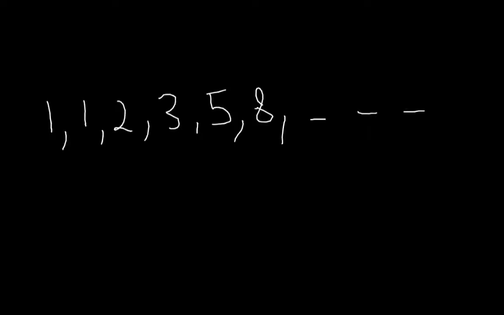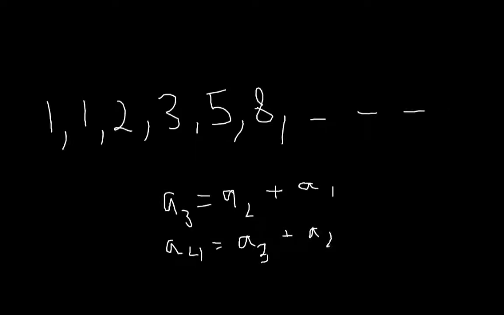So you can see what is the logic behind that. A3 will be A2 plus A1. Same way A4 will be A3 plus A2, meaning everything will be the sum of the two terms before it. This will be the sum of this, this will be the sum of this, like this.